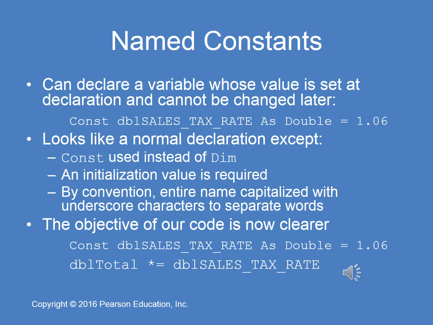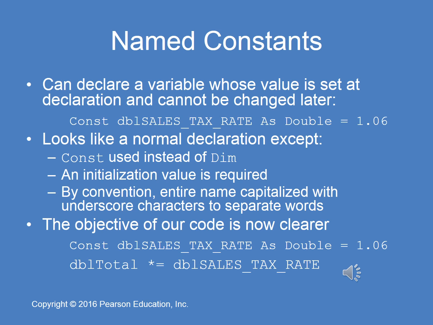So now, when we want to add sales tax, dblTotal *= dblSalesTaxRate. That takes dblTotal and multiplies it times dblSalesTaxRate, which is 1.06, and assigns the value back to dblTotal.